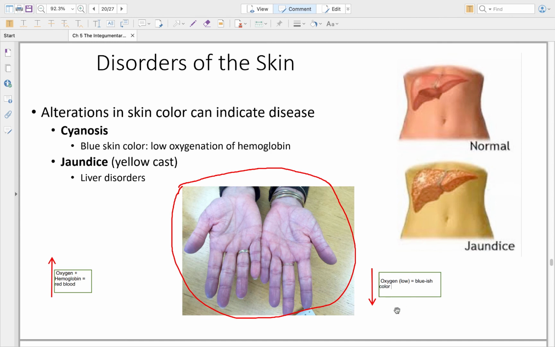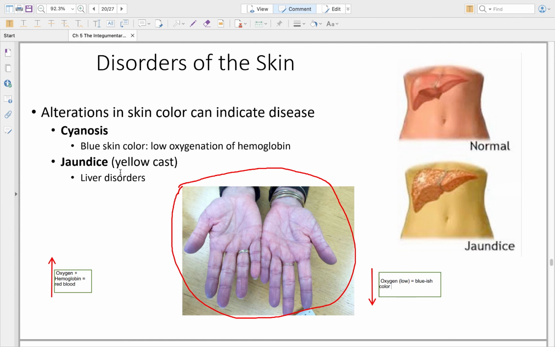Oxygen has a direct relationship with your blood because it binds with hemoglobin. Hemoglobin is a protein and it has iron in it. And when oxygen binds to hemoglobin, that iron will rust, creating red blood. You take away that oxygen and reduce the concentration of oxygen, there's not going to be a significant amount of oxygen to cause this rusting of iron that's within the hemoglobin. Instead, the blood will shift over to this bluish color.